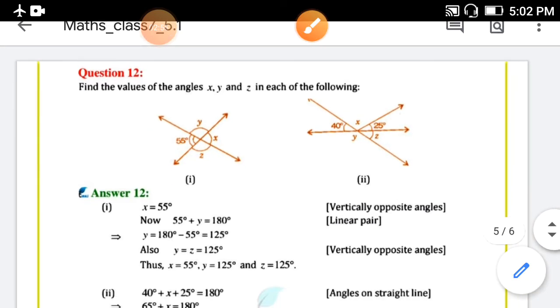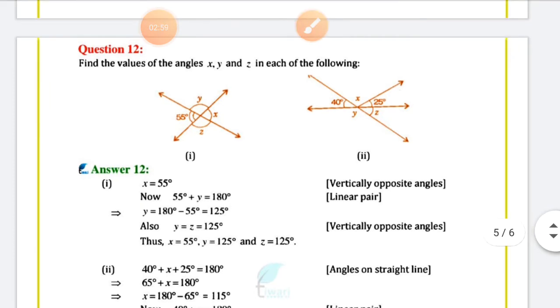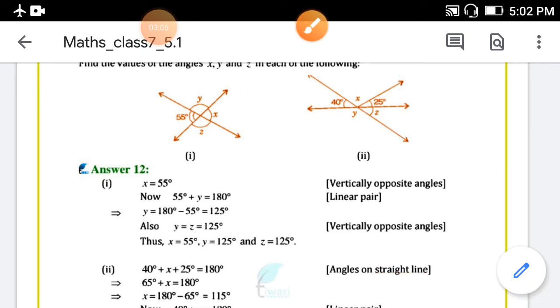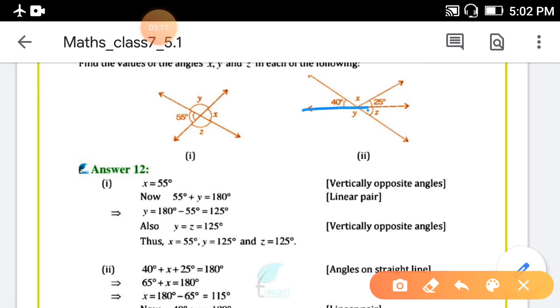Next, second figure, you can see here x, y and z. You can check in the figure. First of all, you can see here 40 degree plus 25 plus x.